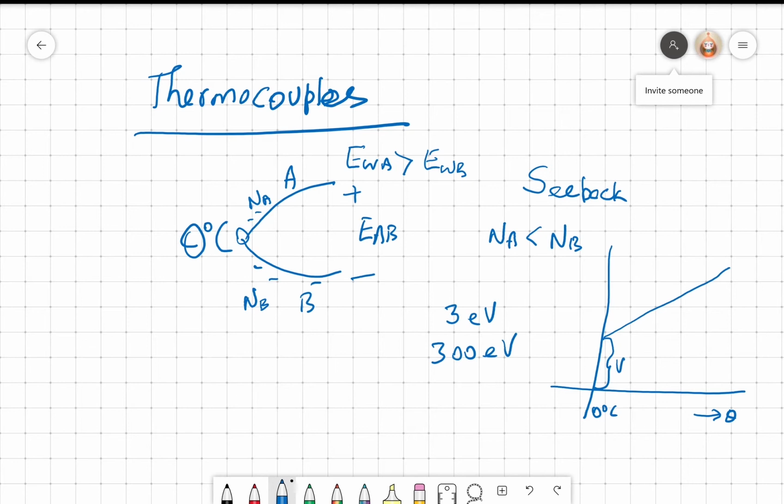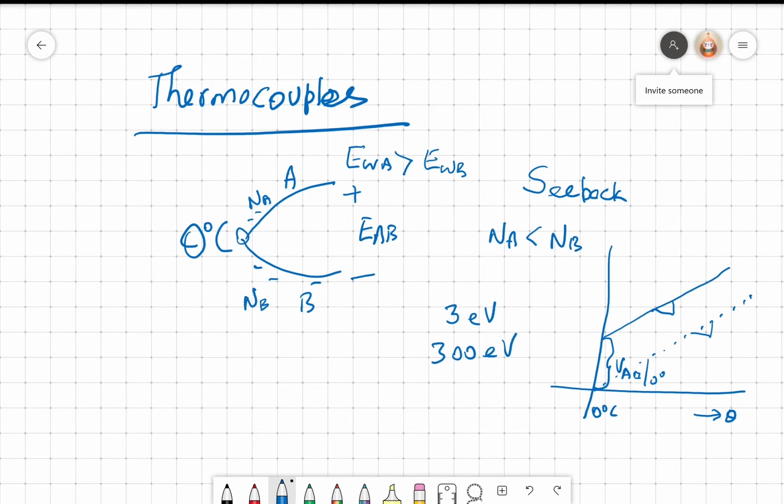We call this VAB at 0 degree. If I want to measure theta, then I need to subtract this offset so that I get a characteristic like this. This is what I want: 0 degree centigrade gives me 0 volts, 100 degree centigrade maybe gives me 100 microvolts, and so on. These are small voltages, normally a few microvolts to a few tens of microvolts, not very large, but still quite useful.